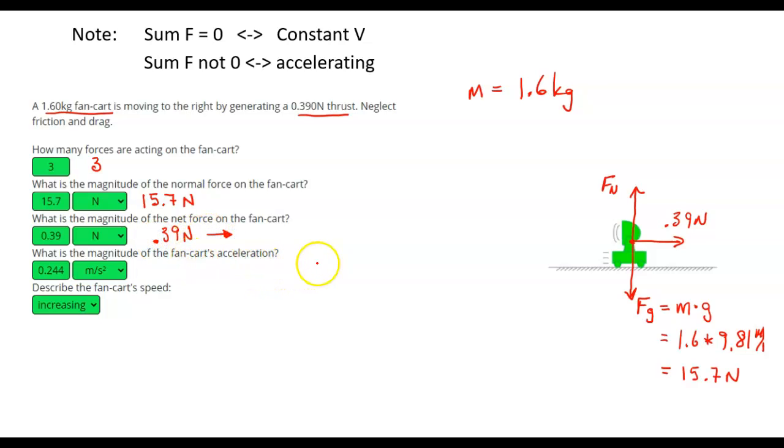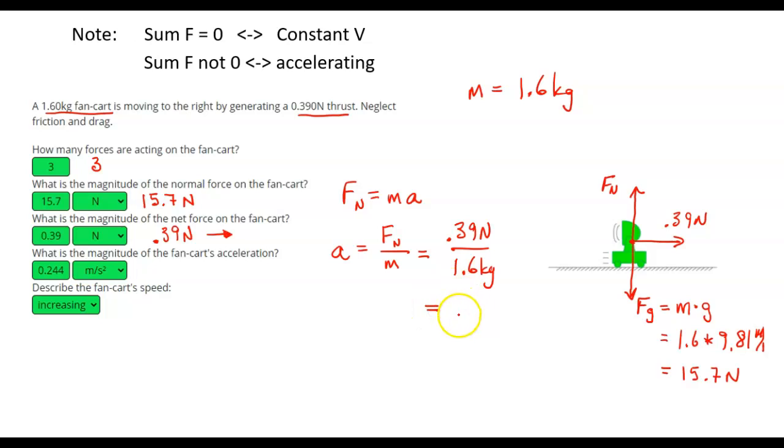Okay, and what is the magnitude of the cart's acceleration? Well, whenever you're being asked for acceleration, the first thing that should pop into your mind is F net equals ma. The net force causes acceleration. So our acceleration can be found if we know the net force and we know our mass. So in this case, we do know the net force, it's 0.39 newtons, and we do know the mass, it's 1.6 kilograms.